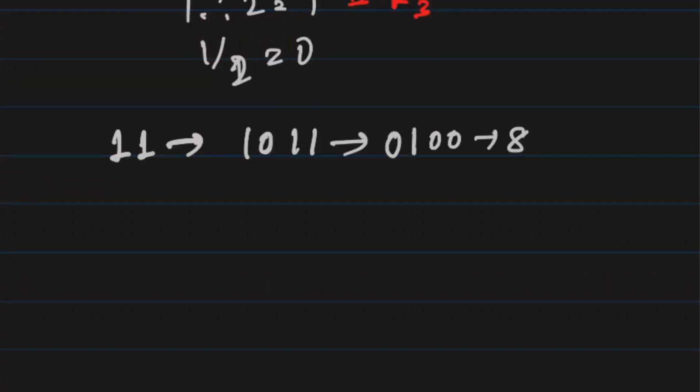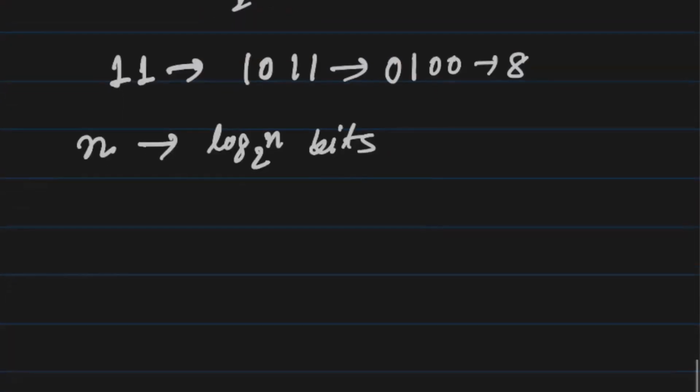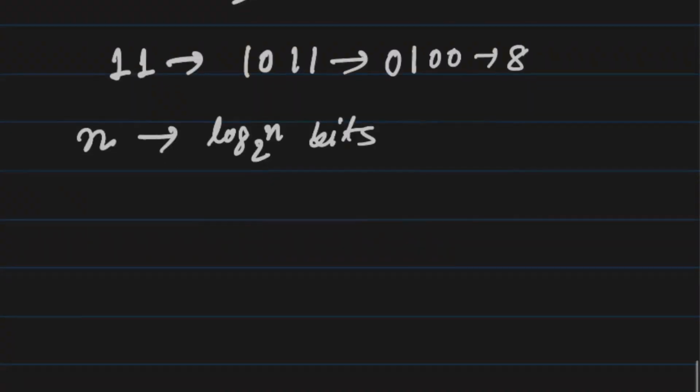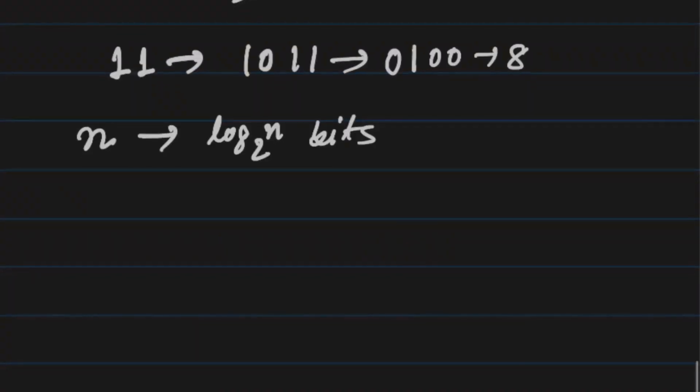So for a given number, what is the process we are doing? Let's say we are given a number n, right? How many bits is it going to have? It's going to have log of n bits, right? First thing is you are going to convert it to a binary string, right? We have kind of two steps.